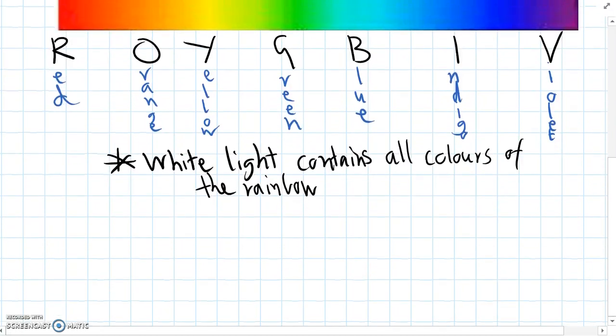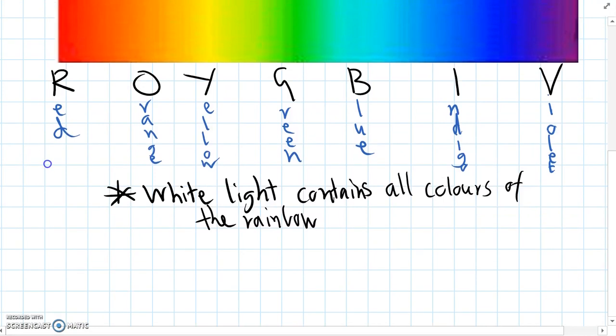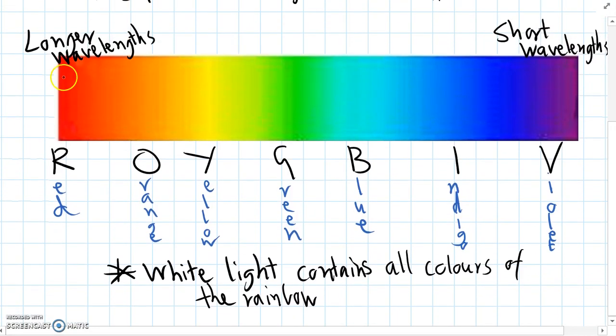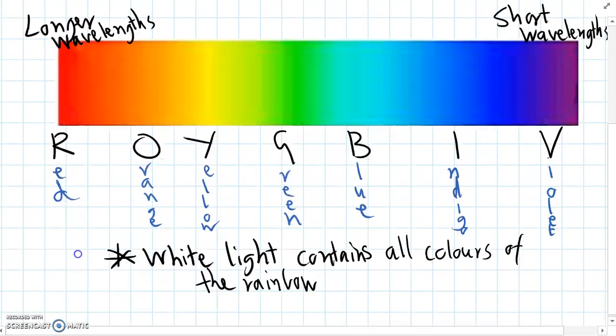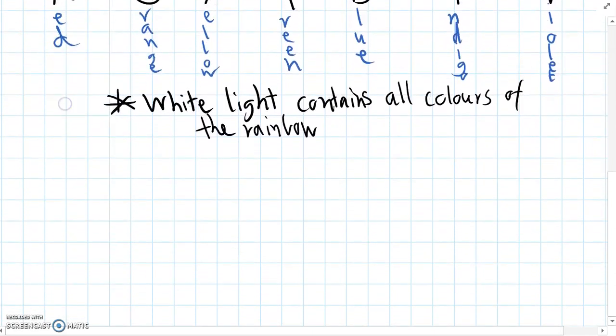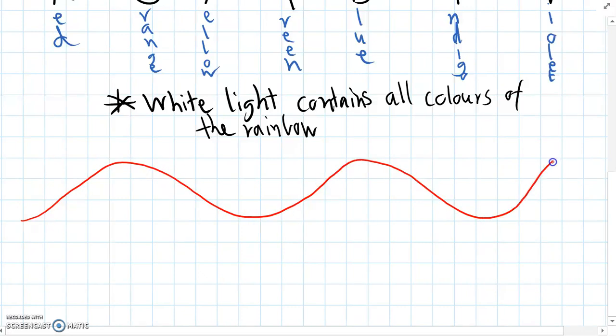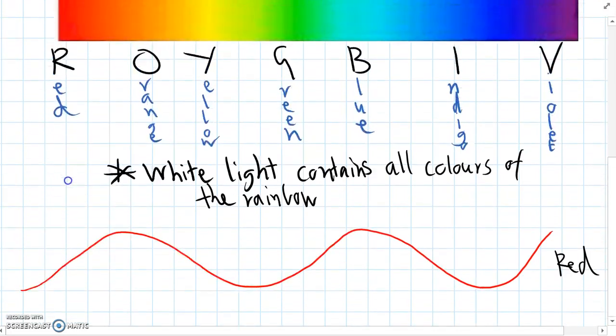And let's look at some different colors of light and picture the wavelengths. So we saw up here that red has the longest wavelength out of all the colors. So if we are looking at a red ray of light, if we could zoom in and actually have a look at it, it would have long wavelengths like this. That's red light.